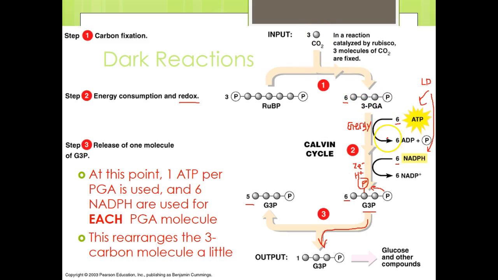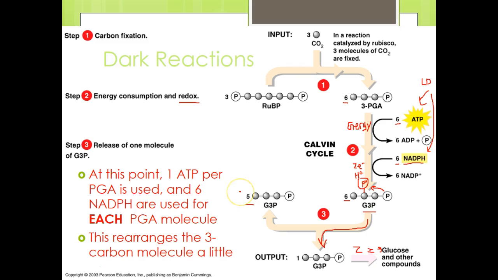Step 2, redox. We are basically reducing these molecules by adding electrons and hydrogen ions to them. That means we're oxidizing the NADPH molecule. And then in step 3, we're just removing one of the G3Ps. We're going to hold on to that because 2 G3Ps make a glucose. Okay, so if we pull one out, we're left with 5.